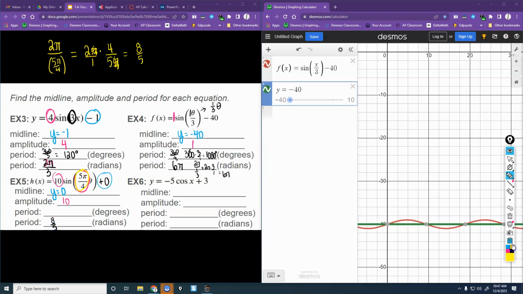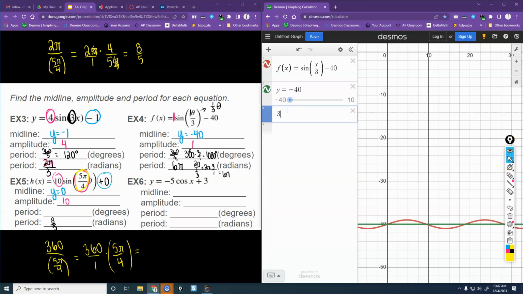If I'm doing this in degrees, it is going to be 360 divided by 5 pi over 4, which is going to be 360 times 4 over 5 pi. I would just multiply this without the pi is probably how you're going to see it. You're probably not going to see this one with degrees, honestly.